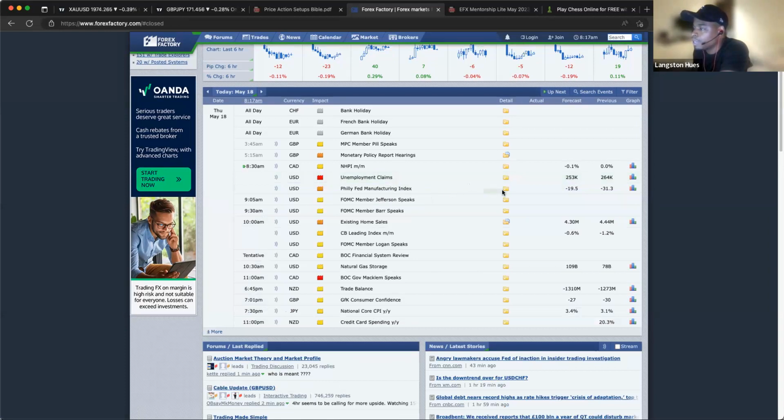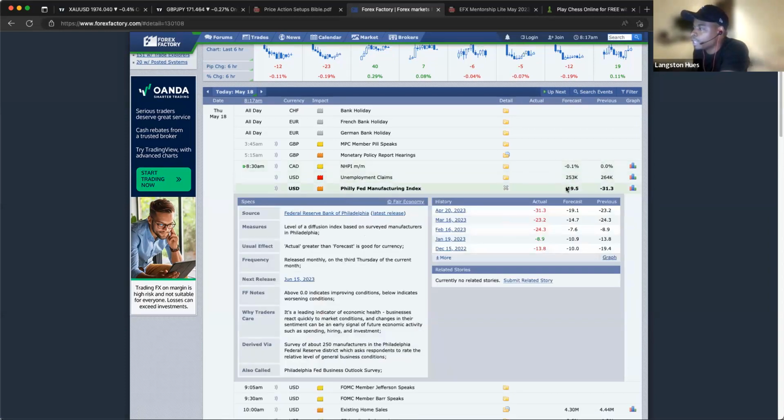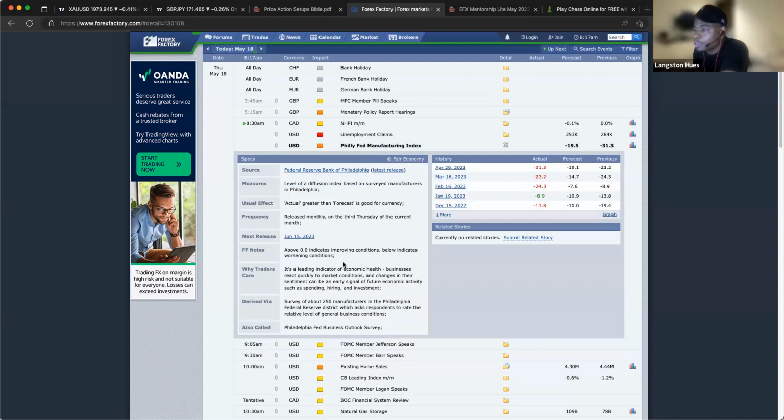Philly Fed manufacturing, medium impact. Forecast is negative 19.5. Previous was negative 31.3. I can't even make any predictions. Federal Reserve Bank of Philadelphia, level of a diffusion index based on surveyed manufacturers in Philadelphia. Actual greater than forecast is good for currency. Released monthly on the third Thursday of the current month. Above 0.0 indicates improving conditions. Below indicates worsening conditions.